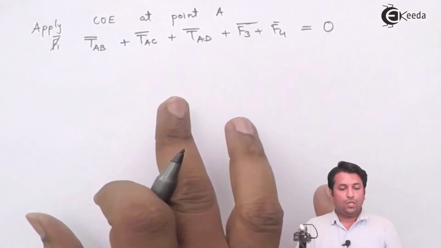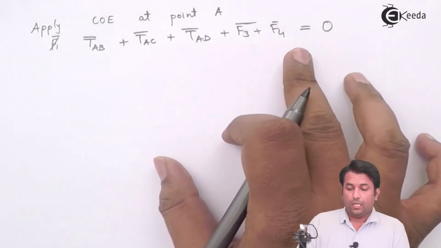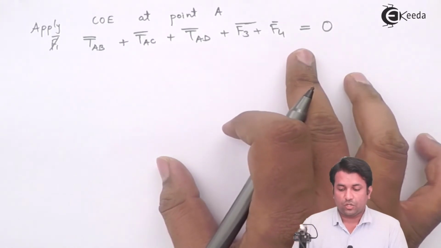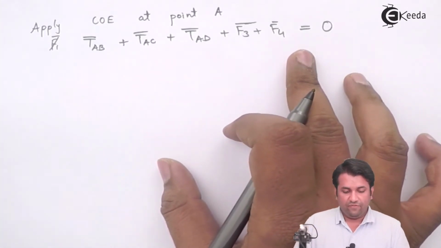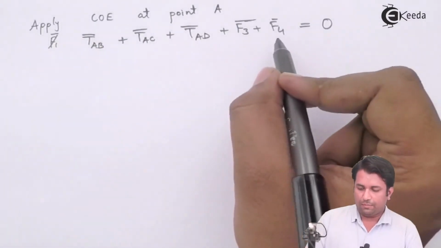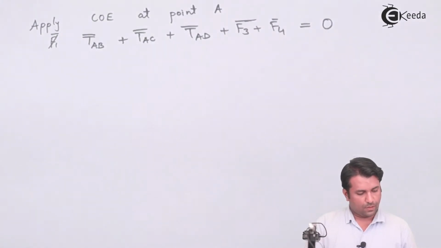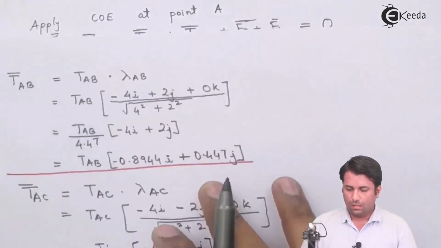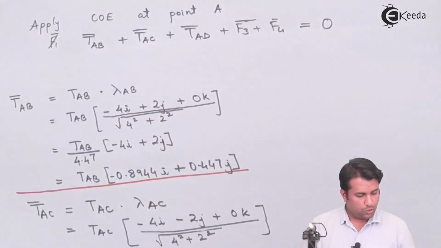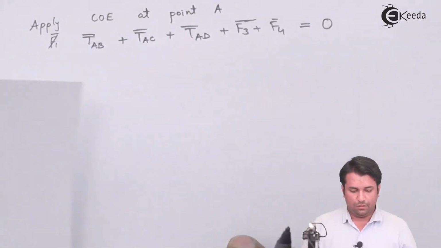Now I'm having all the 5 force vectors with me, so I'll just take a summation of these 5 forces. I can combine it with I terms together and then the J terms and the K terms.